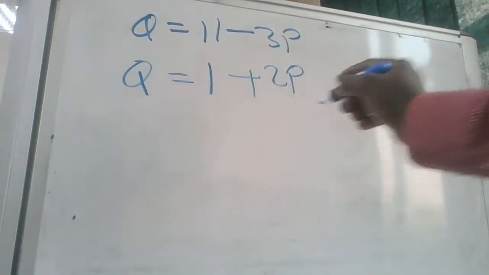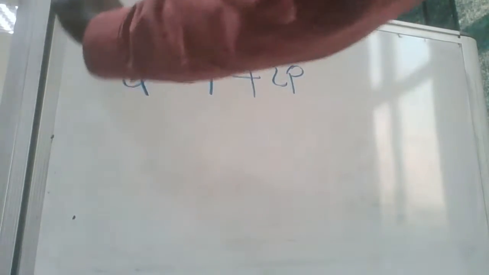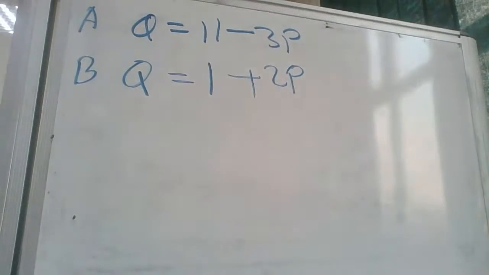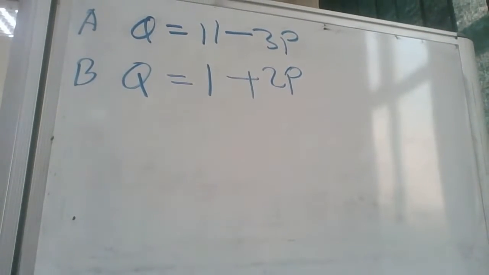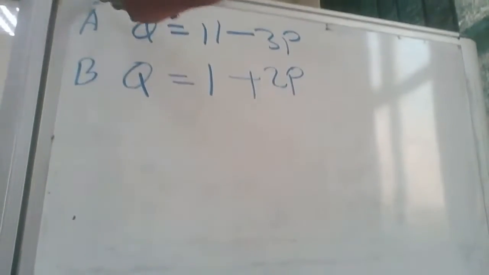Let me call this one A, and call this one B. Between A and B, which one is a demand function? And why? Why are you choosing that as a demand function?